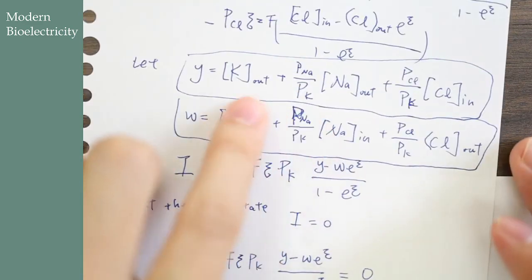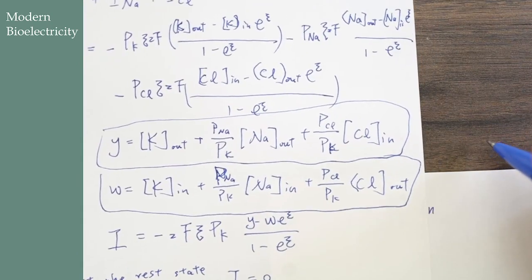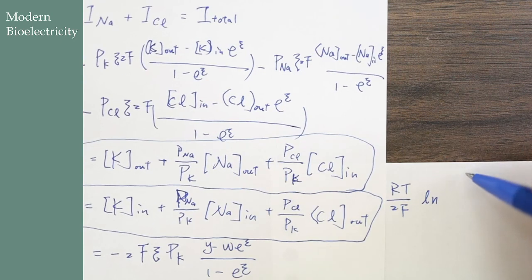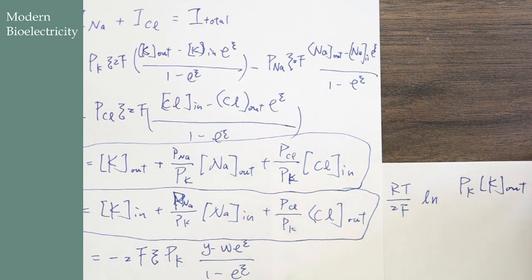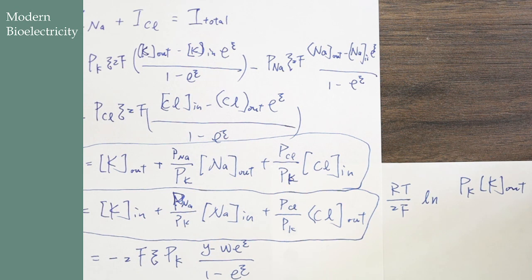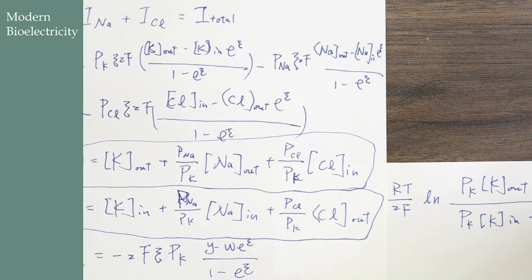Because it is Y divided by W, we can put the PK into it, so we have the permeability of potassium times potassium out plus sodium out plus chloride in, divided by the permeability of potassium times potassium in plus P sodium times sodium in plus P chloride times chloride out.